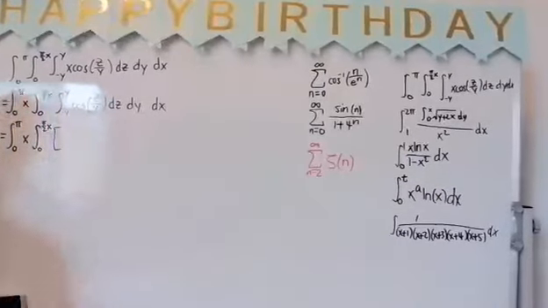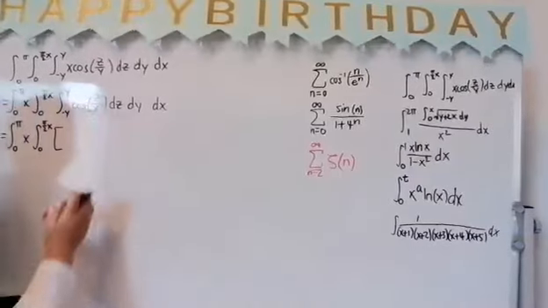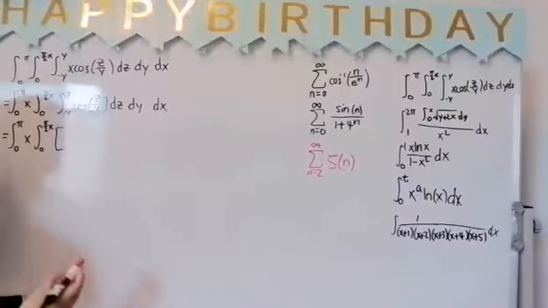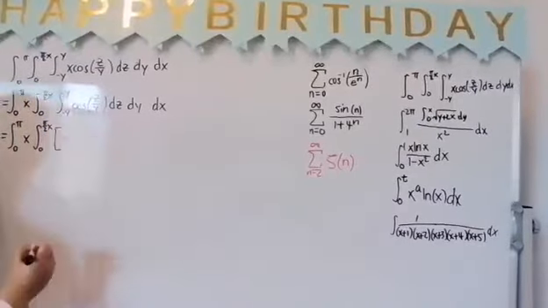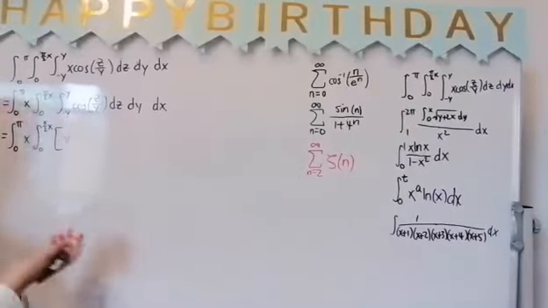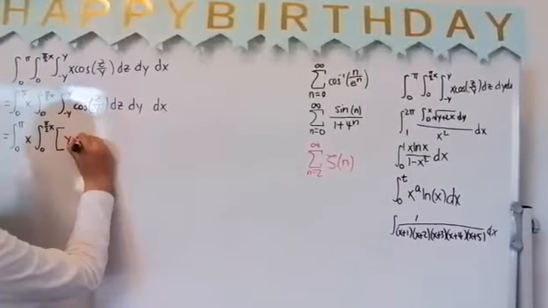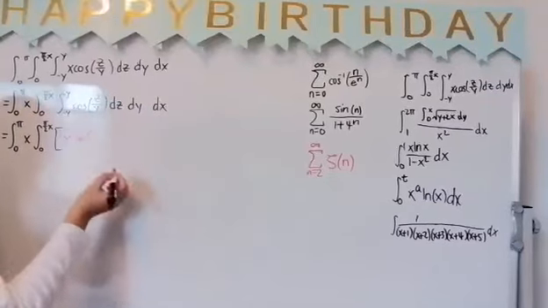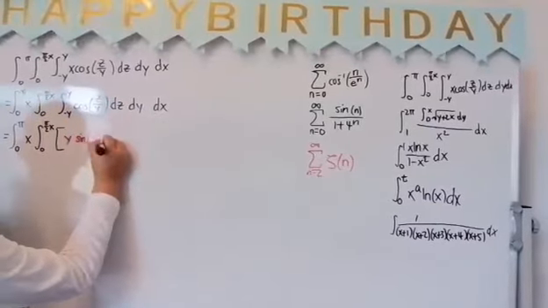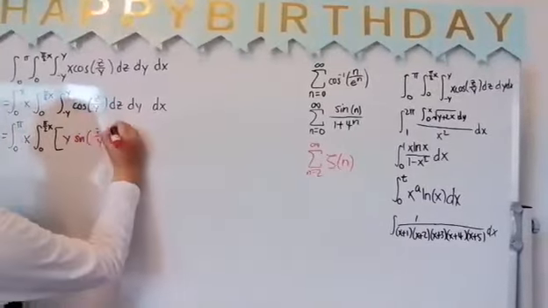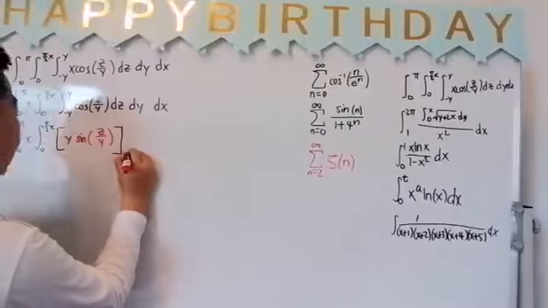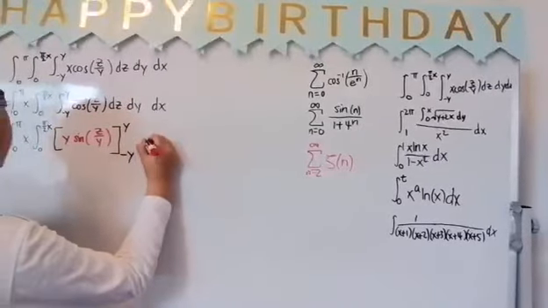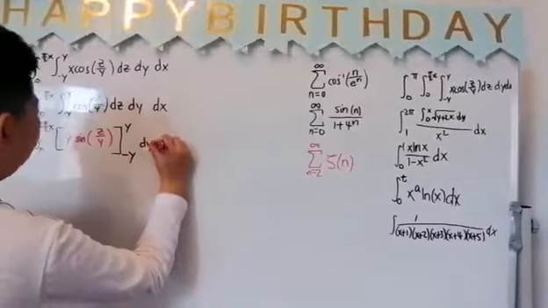Once again, when you integrate cosine of z over y, you divide by that 1 over y, which is just y. And then we have this turned into a sine. And then this z over y is still the z over y.